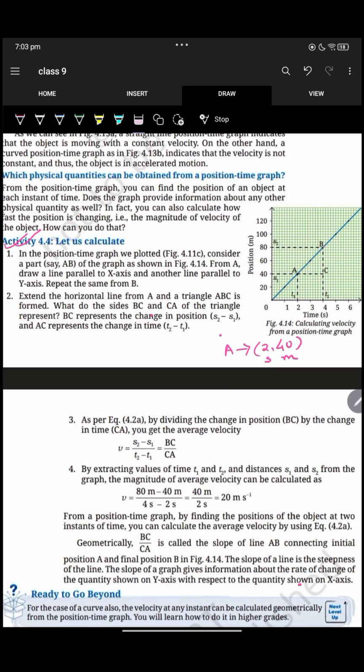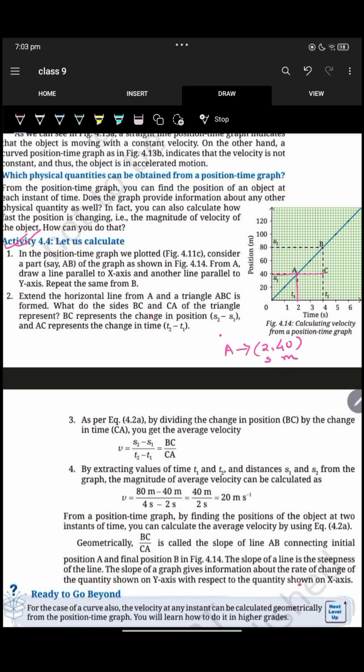So from point A, what is being done? A line is being drawn which is parallel to the x-axis. So that is AC, parallel to the x-axis, right? Another line parallel to the y-axis is being drawn. So this is the line which is parallel to the y-axis, and here is the line which is parallel to the x-axis.